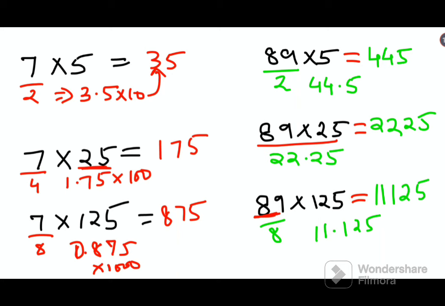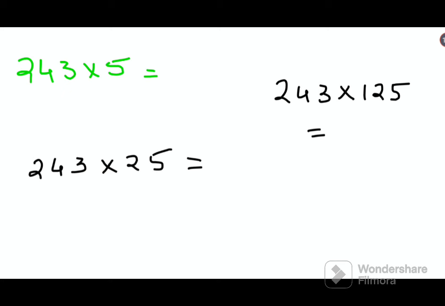Now I'm going to show you how we do this logic with 3-digit numbers, and that also odd ones. Let's do this orally. Half of 243 will become 121.5. So your final answer is 1215. Again, 243 divided by 4 gets you 60.75.